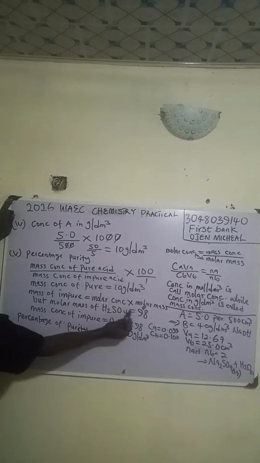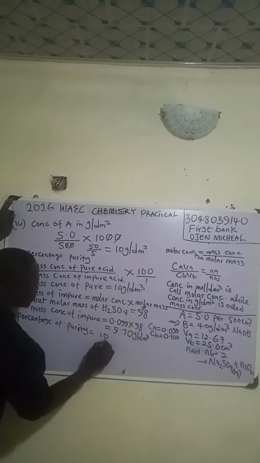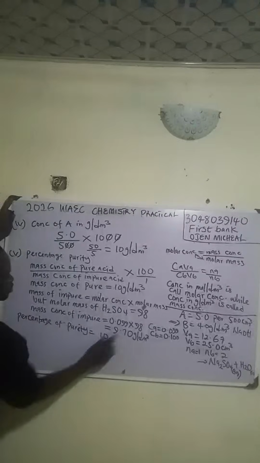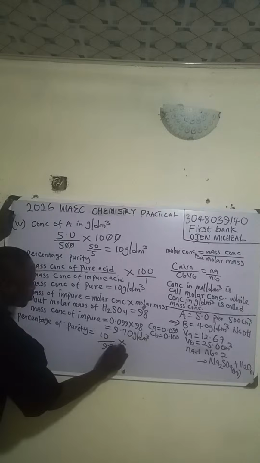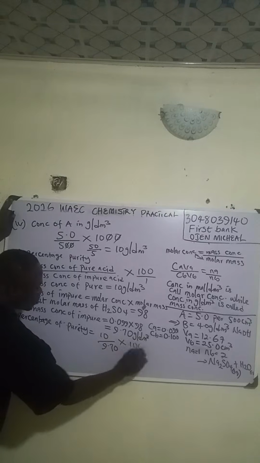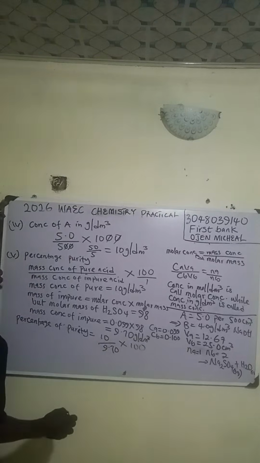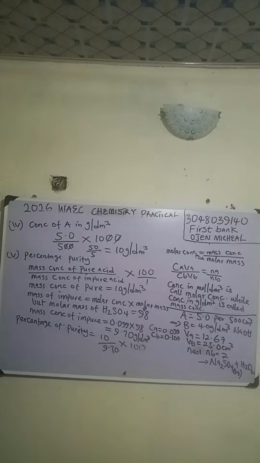The one of pure acid is what? 10. 10 divided by the one of impure, which is what? 9.70. Multiplied by what? 100. So what do we have? 1000 divided by this, of course, will give us what?